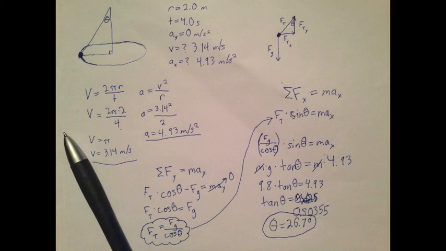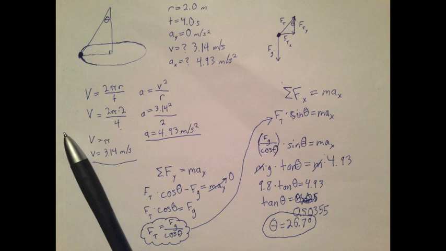And from earlier, we found that the force of tension is equal to the force of gravity divided by cosine of theta, and we plug that into the x component equation to get force of gravity divided by cosine of theta times sine of theta is equal to mass times acceleration.